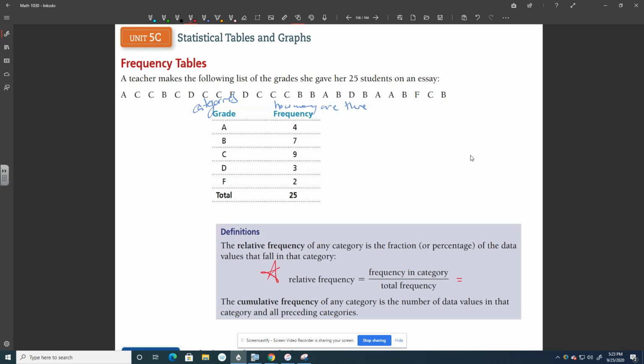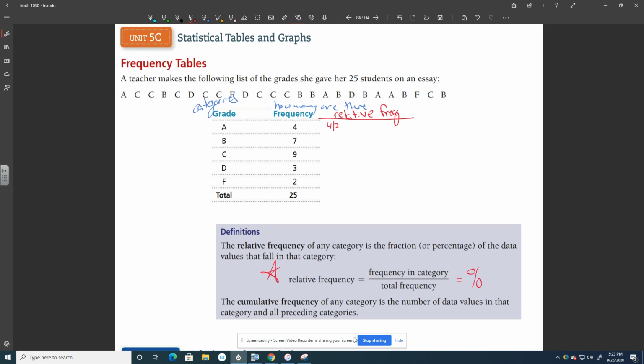Relative frequency is a percent, okay? And what it does is it says, compared to everybody, how many are in that category. So for example, the relative frequency of A's, if I added another column right here, relative frequency, I know that there's 25 total grades. 4 of them are A's.